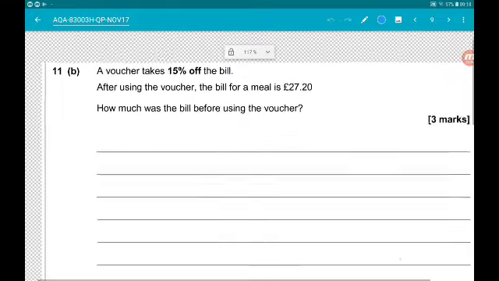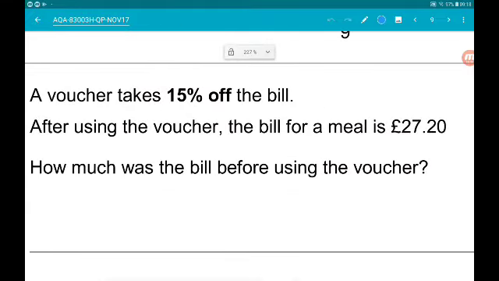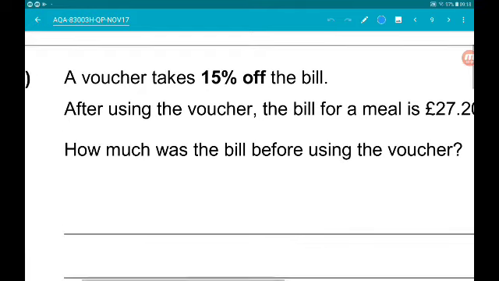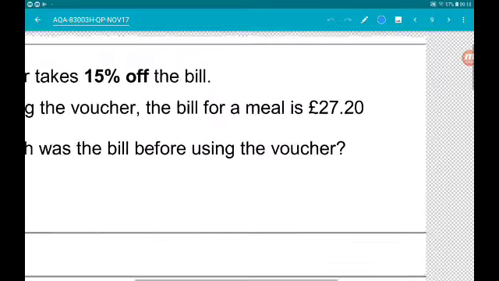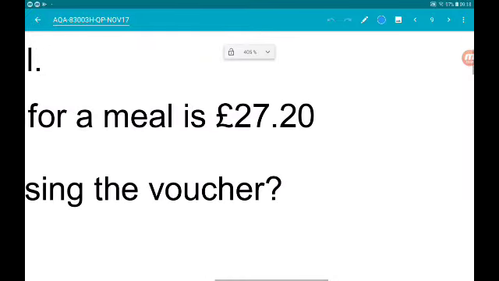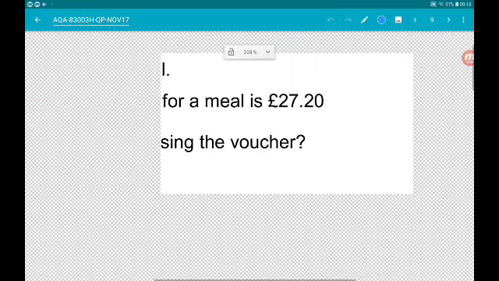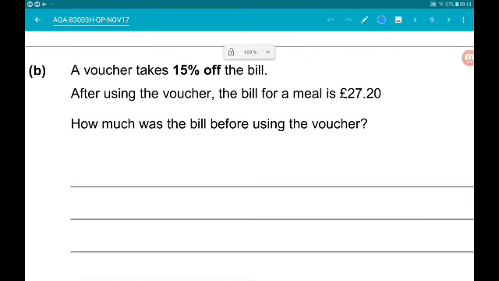Okay, then part B. A voucher takes 15% off of the bill. After using the voucher, the bill for a meal is £27.20. How much was the bill before using the voucher?